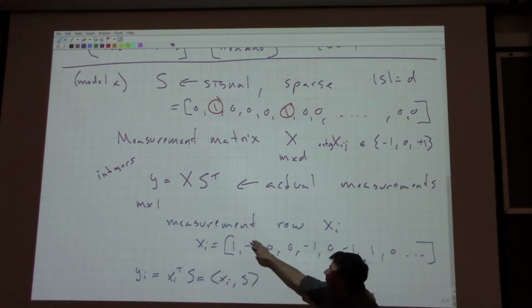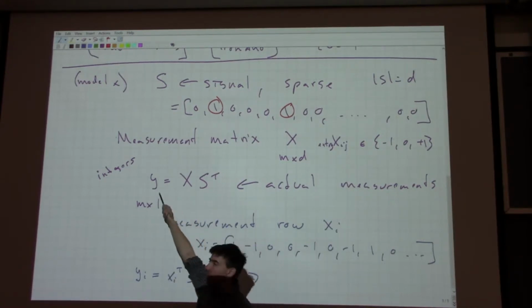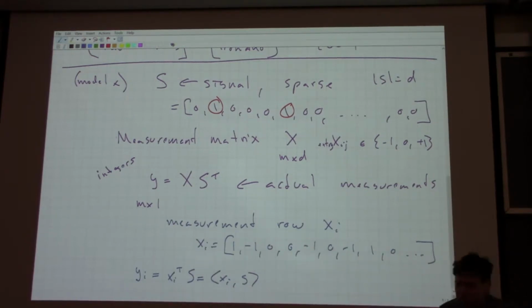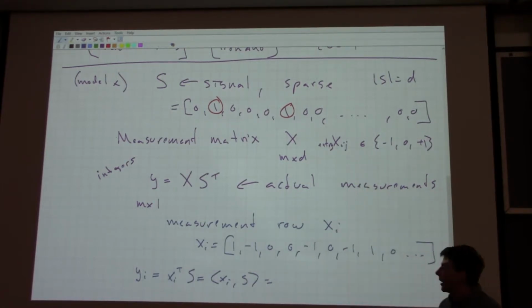So when I do this multiplication, I'm taking the dot product of each row with s, and that gives me one of the elements of y. If you remember what the dot product is, I have these two vectors, xi and s, and I'm just going to sum up the contents.